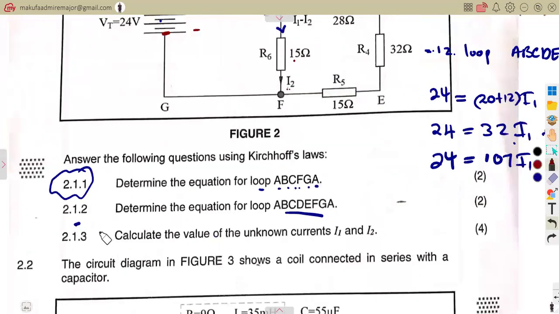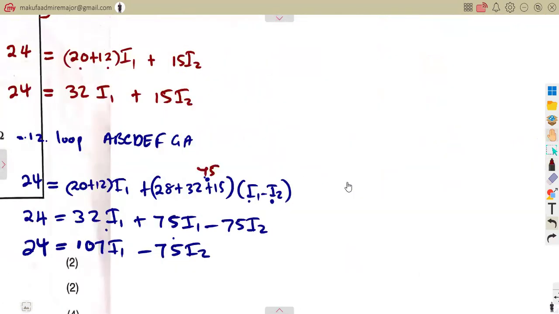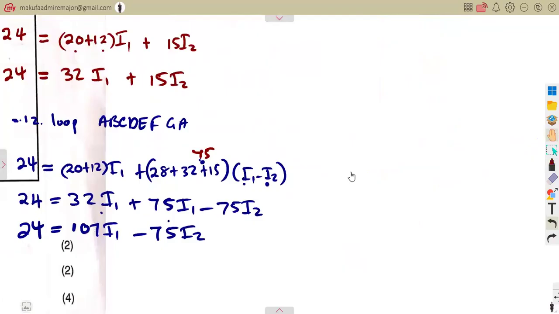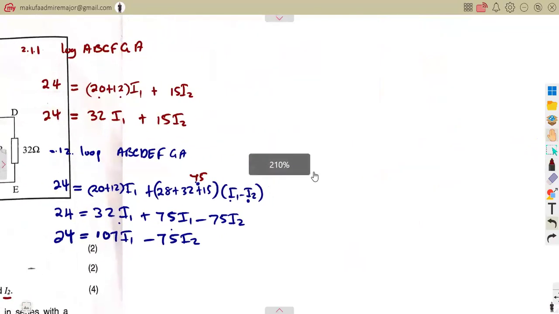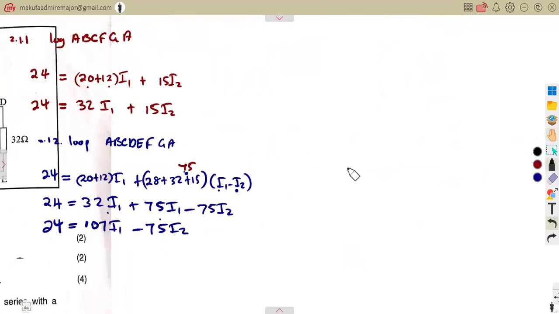Then from these two equations, calculate the value of the unknown currents I1 and I2. How to calculate these currents? Now it's up to you. You can use the substitution method or the elimination method, it's up to you. So I'm going to consider the first equation: 32 I1 plus 15 I2 is equal to 24.